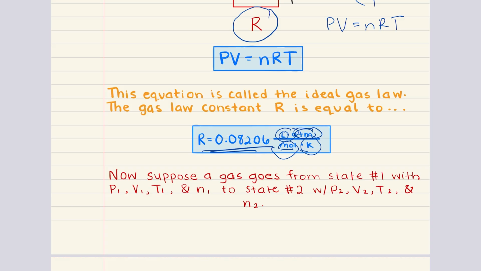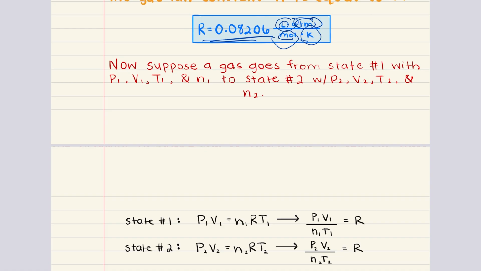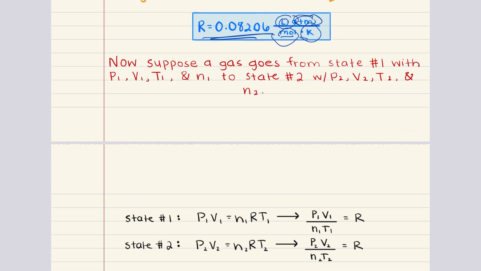Now that we have the ideal gas law, we can explore how to use it in different situations. So in real-world scenarios, gases often undergo changes in their conditions. Pressure, volume, temperature, or moles may shift as the gas moves from one state into another.